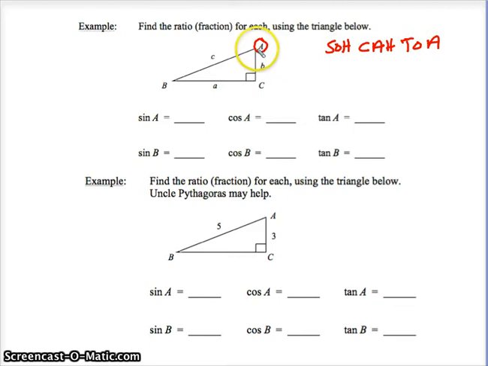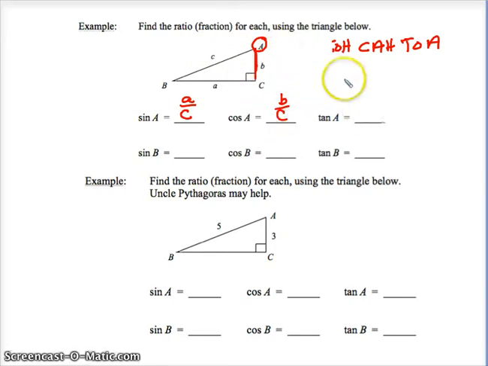As I'm standing at A, the side that's opposite of me is little a, and my hypotenuse is C. Now let's back it up and look at the cosine of A. I'm still looking at A, but now cosine is the adjacent over the hypotenuse. The adjacent is the side that's right next to it. That's side B. And my hypotenuse is still C.